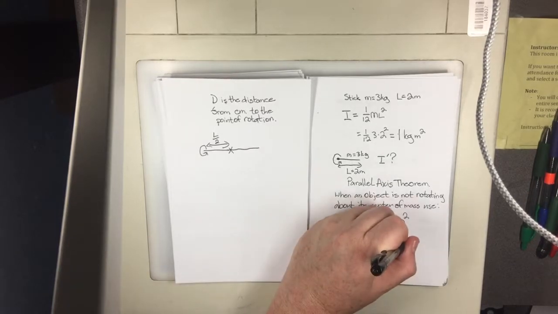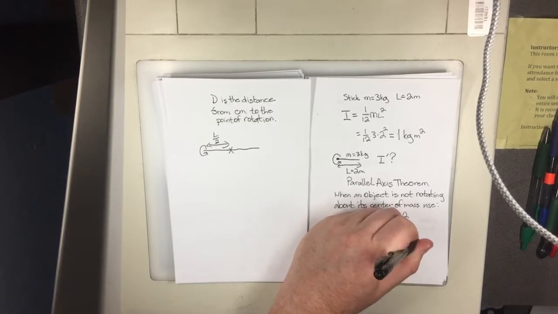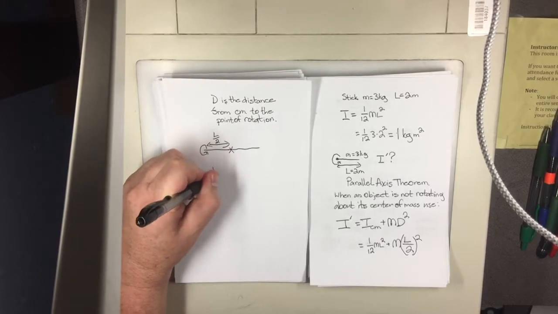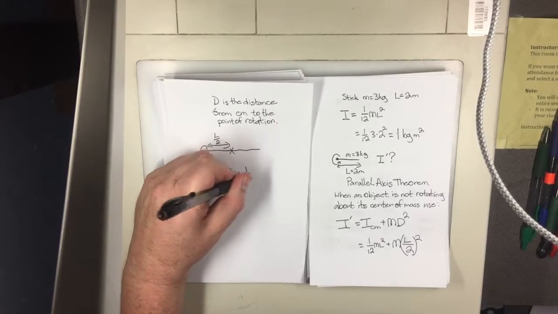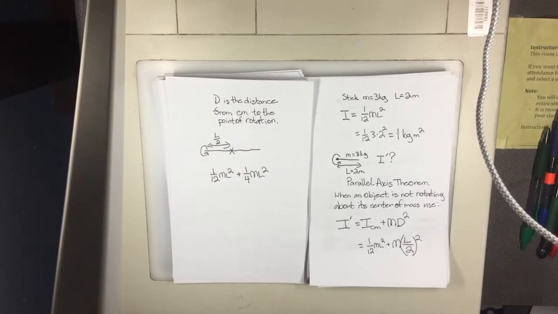So that makes this L over 2 squared. So 1/12 ml squared plus 1/4 ml squared. Common denominator of 12.